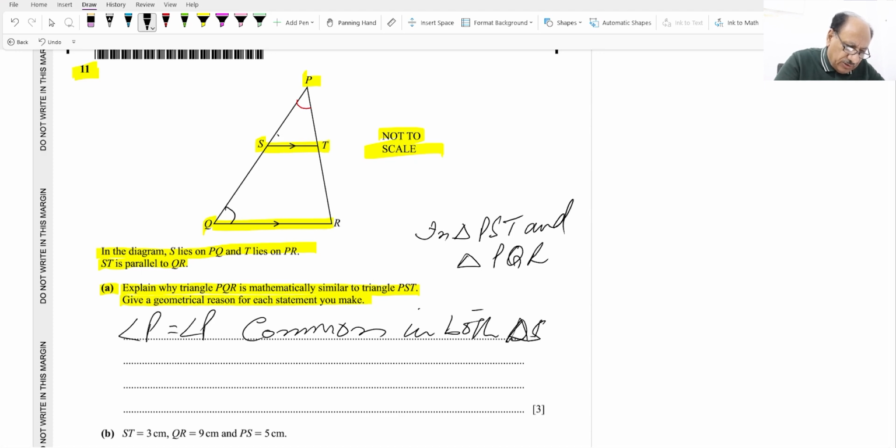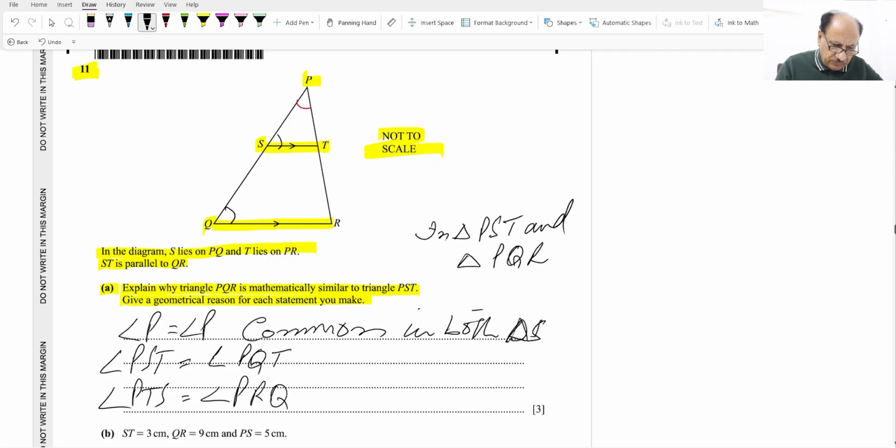Next is angle Q. This angle will be equal to this angle. So we can write angle PST is equal to angle PQR, and angle PTS is equal to angle PRQ.